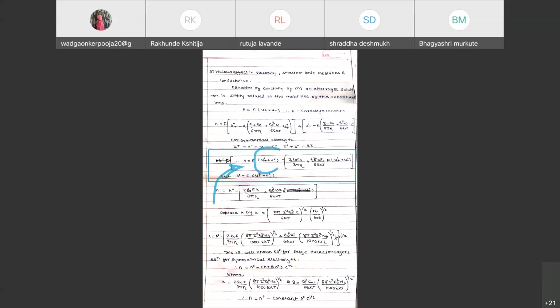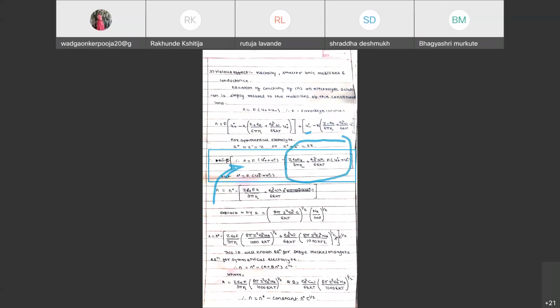We took U plus and U minus as constants and are taking them common outside the bracket. Then whatever terms are left, we will see what is inside the square bracket. All the terms are the same for your cation and anion. So whatever these terms are, they are right in front of you.